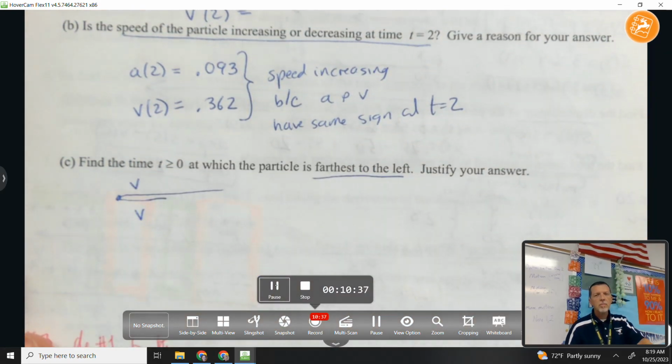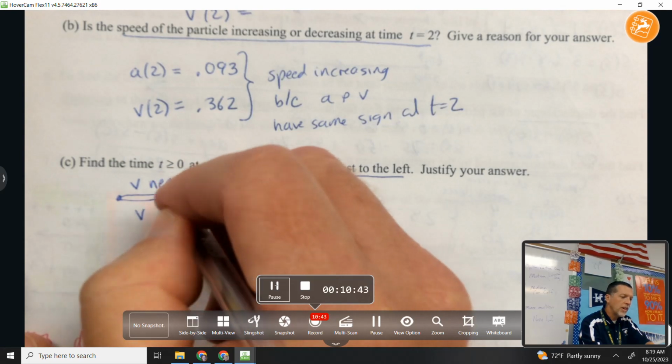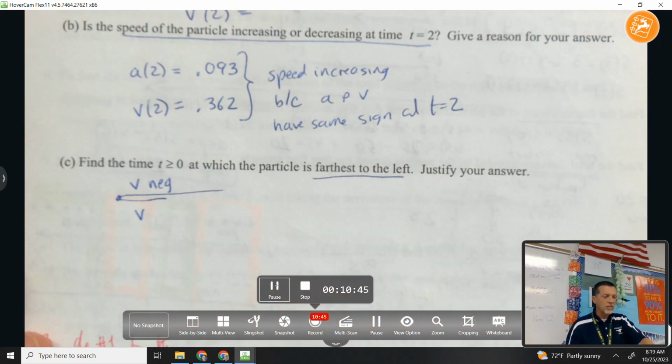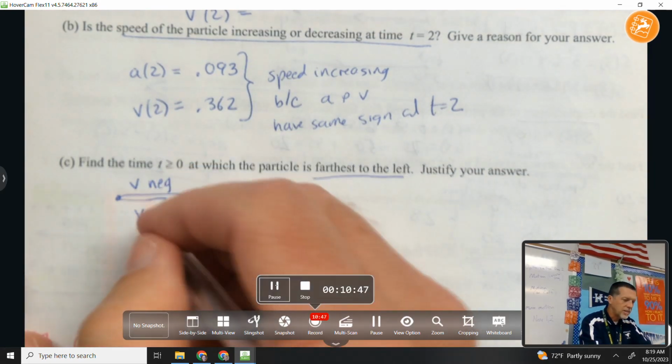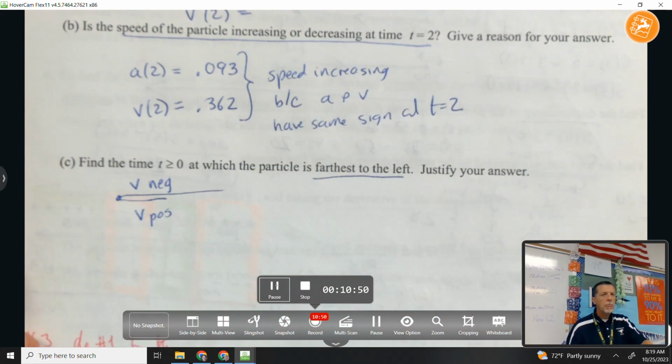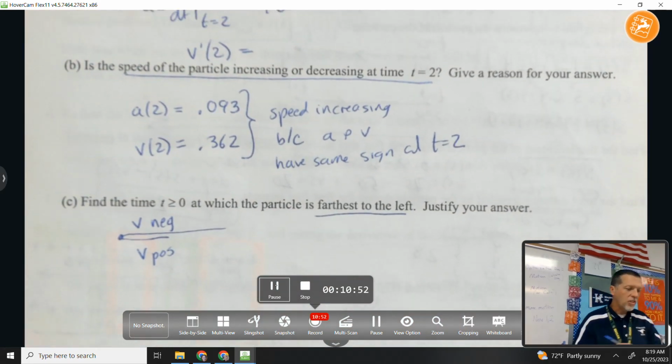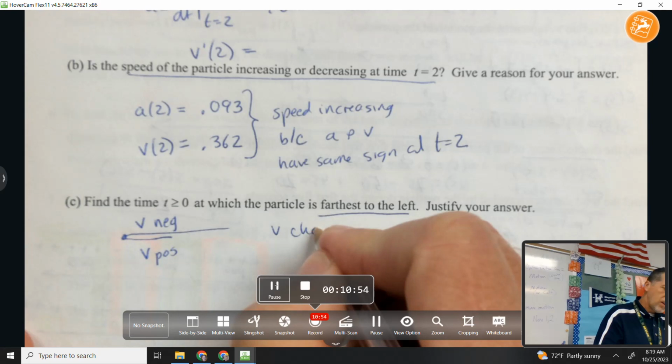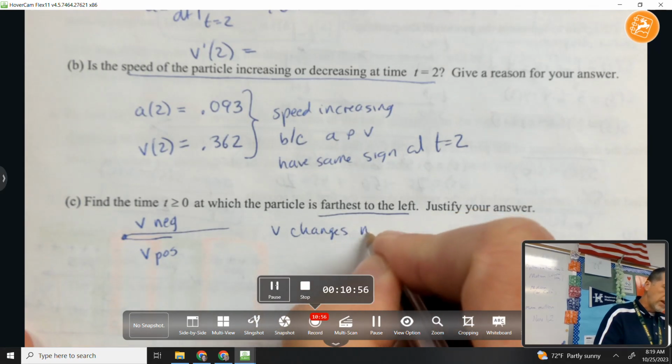What's the sign of V if we're moving to the left? And then if we turn around and now we're moving to the right, positive. So it'll be a spot where V changes from negative to positive.